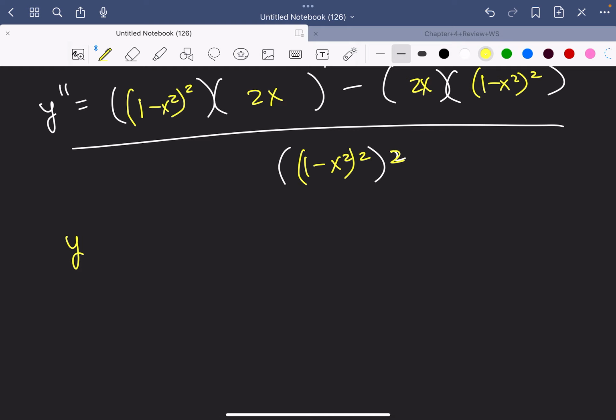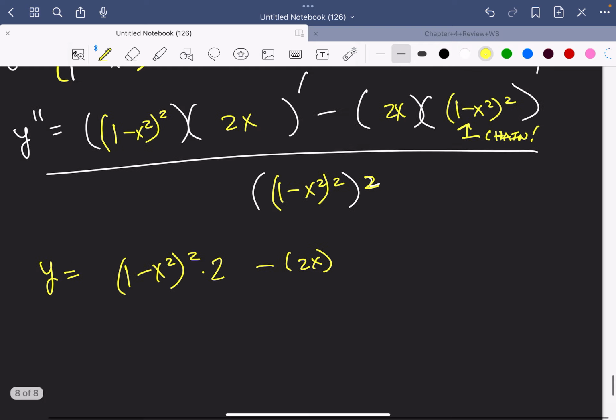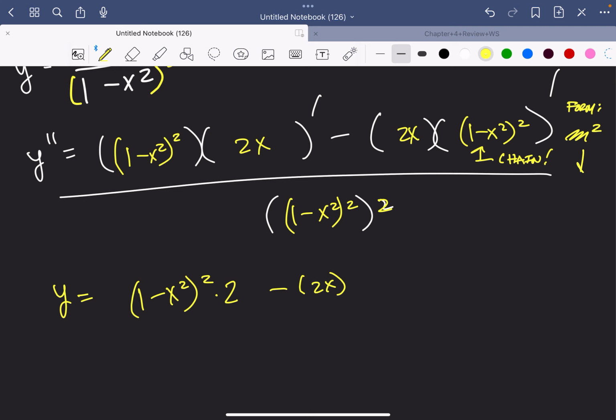So we end up having what? 1 minus x squared times 2 minus 2x. And then this is going to be a chain rule right here, right? Because its form is stuff gets squared. So its derivative is going to be 2 stuff to the first times the derivative of that stuff.